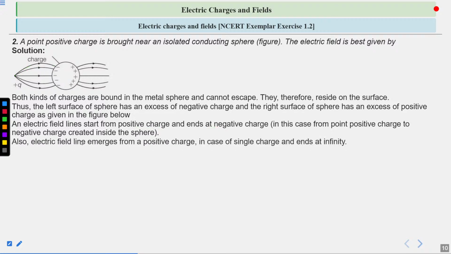Electric field lines start from positive charge and end at negative charge. Also, electric field lines emerge from a positive charge in the case of a single charge and end at infinity. Here the correct option is A, which fulfills all these conditions.